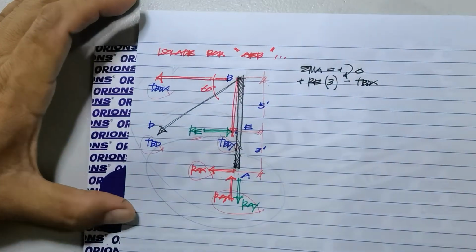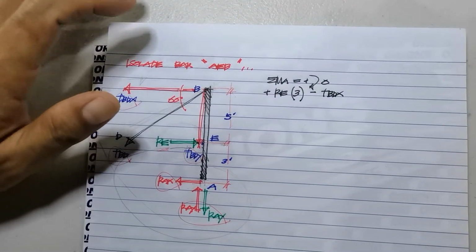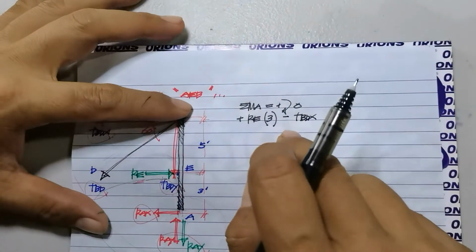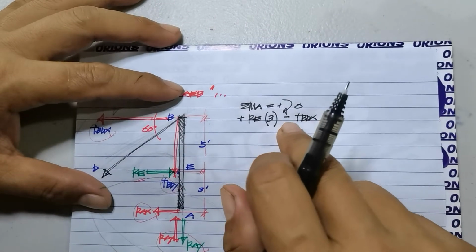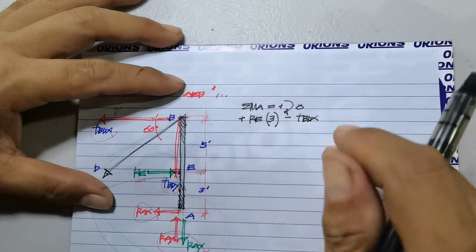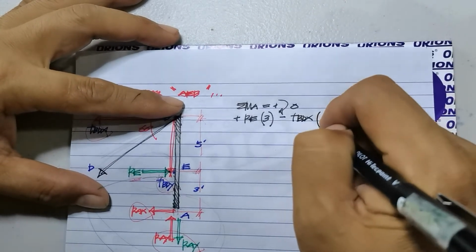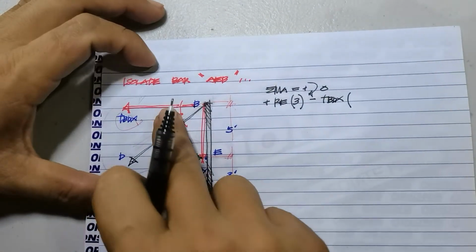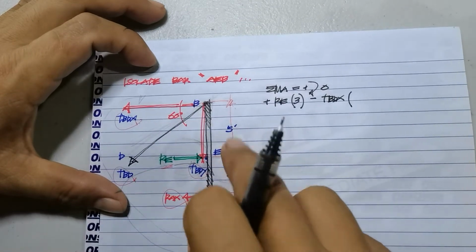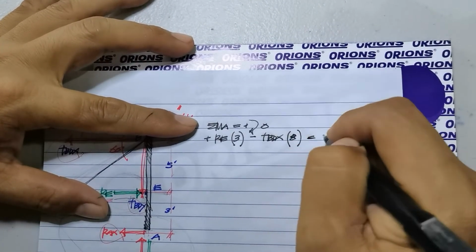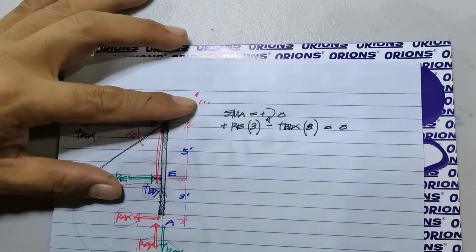Since counter yung turning motion sa direction ng TBD of X, meaning negative si TBD of X, which is na-validate nga natin. So, again, moment is described as force multiplied by perpendicular distance. So, magmula A, papunta sa TBD of X, you have 3 plus 5, you have 8, is equivalent to 0.